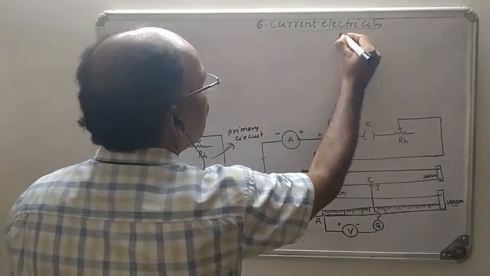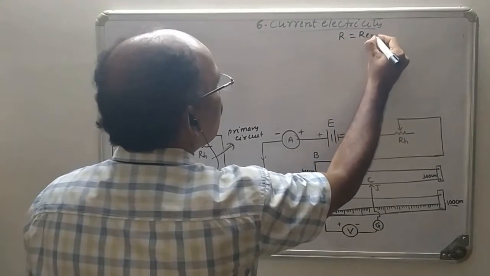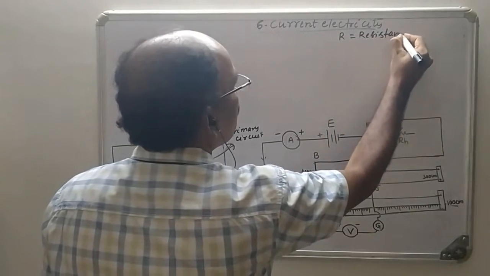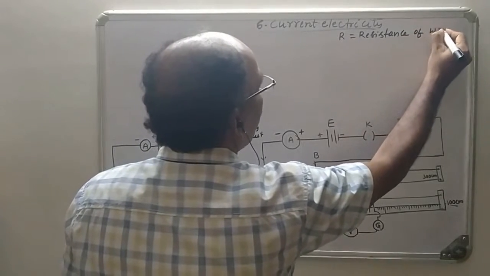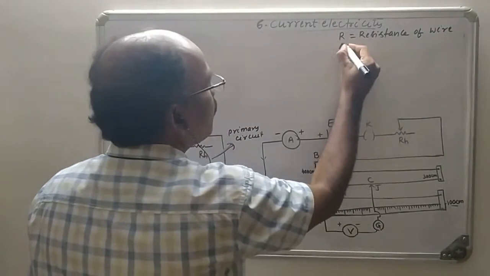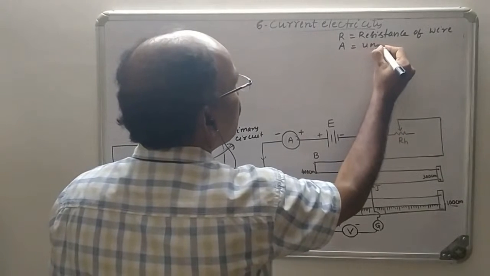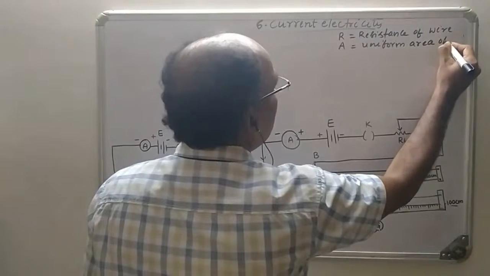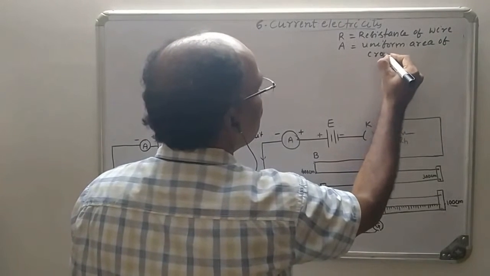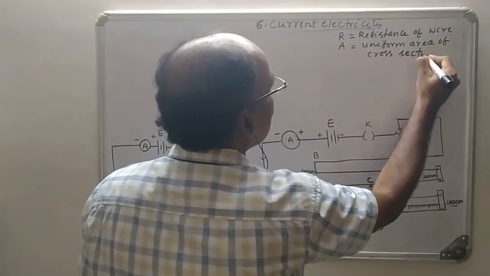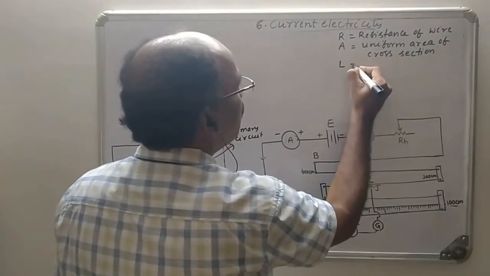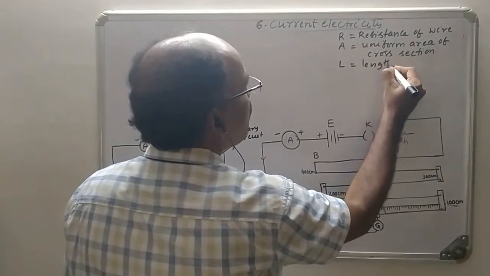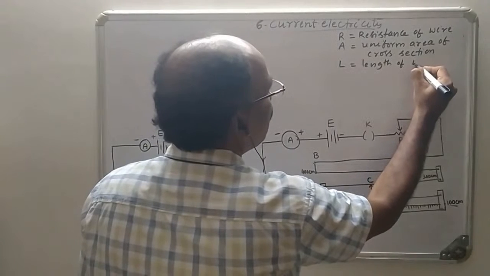So we can write R is equal to the resistance of the wire, A is equal to the uniform area of cross section, and L is the length of the wire.